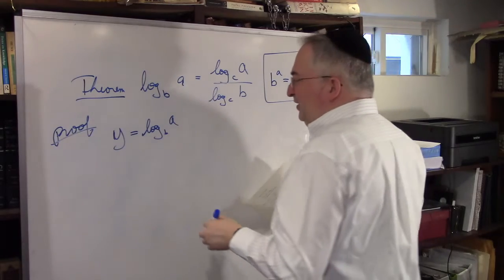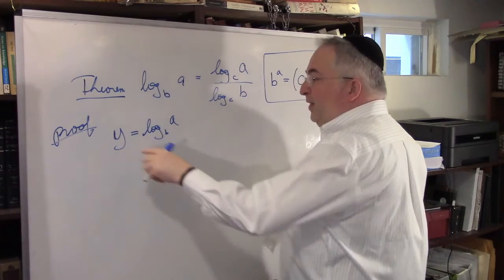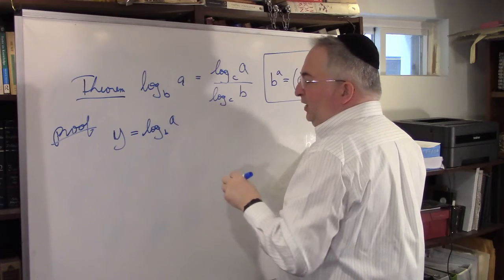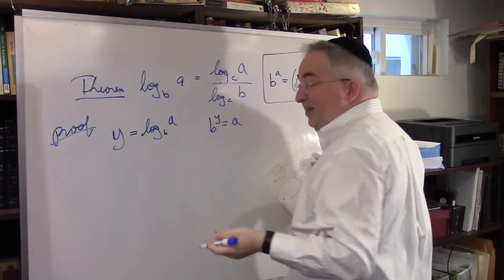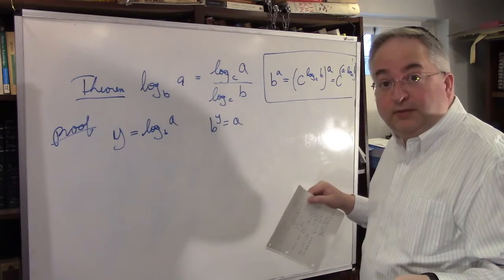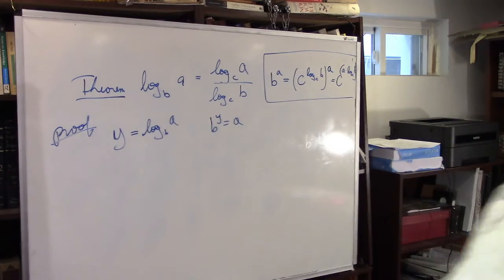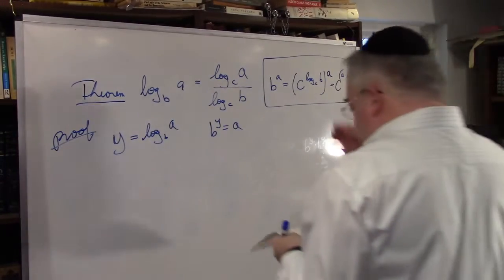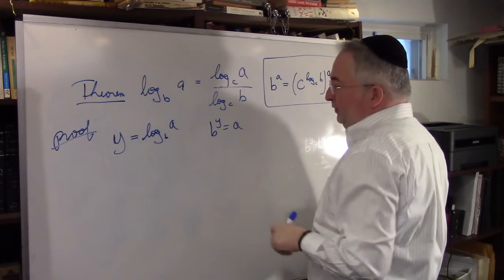Now, I still don't know what y is, but I know what this means. It means b to the y is equal to a. That's the definition of logarithms. So I don't know what y is, but we know this is true.